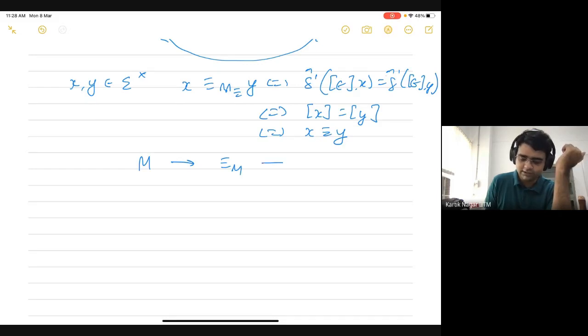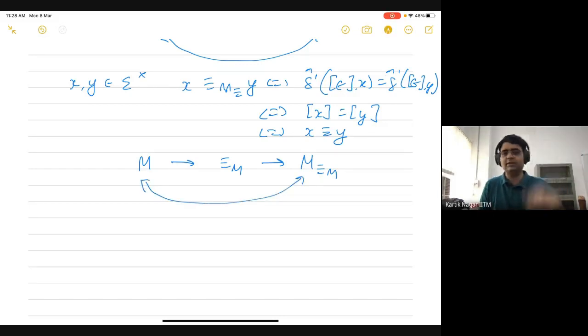Then you construct the DFA from this relation. You can show that these two are the same, but here when we say same, we mean that they will be isomorphic to each other. So given some arbitrary DFA, you construct its induced relation, and from that relation you construct the DFA back, and you will get an isomorphic DFA.